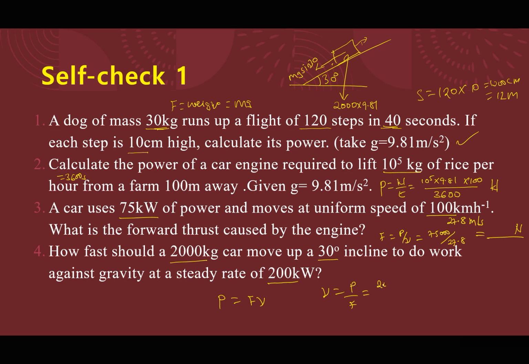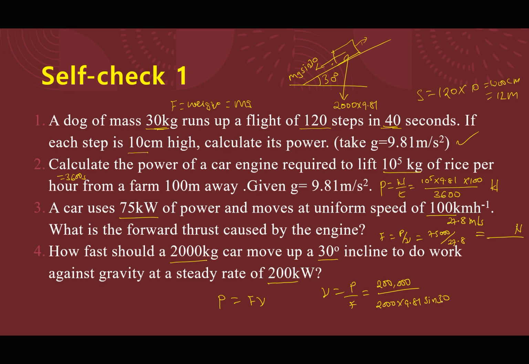So the power is 200,000 divided by the force, which is, of course, we have seen the force is mg sine 30. So that is 2,000 times 9.81 sine of 30.